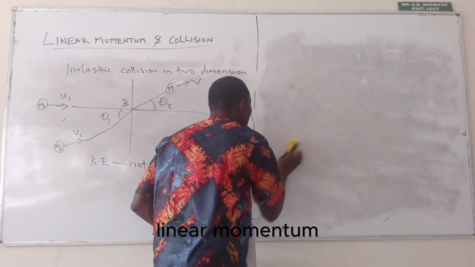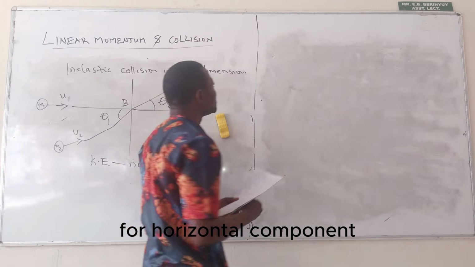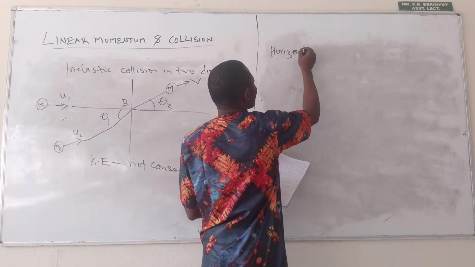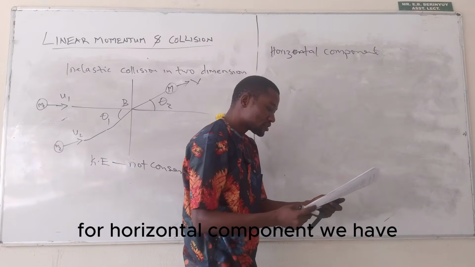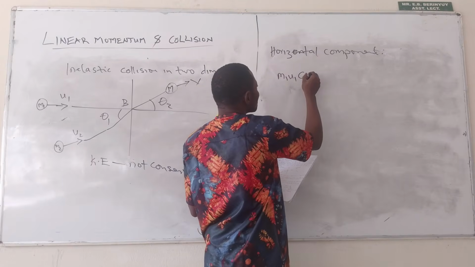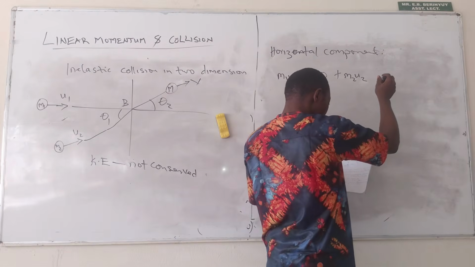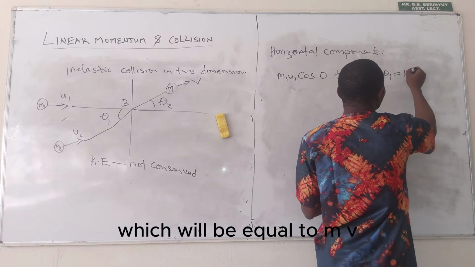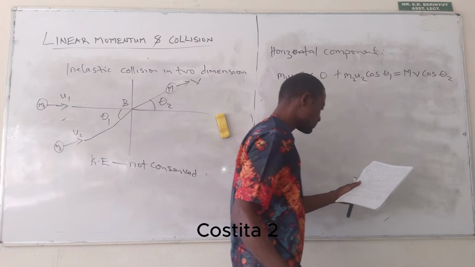The linear momentum for horizontal component, we have m1 u1 cos 0 plus m2 u2 cos theta 1, which will be equal to mv cos theta 2.